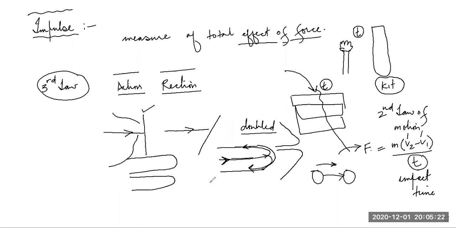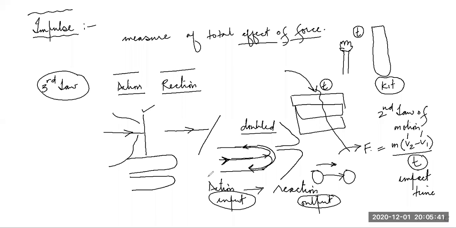If we believe Newton's third law, that action gives result to reaction, we can consider action as input and reaction as output. Output can never be more than input. Never in engineering, never in life. Output can never be more than input. But in this case, it's happening.